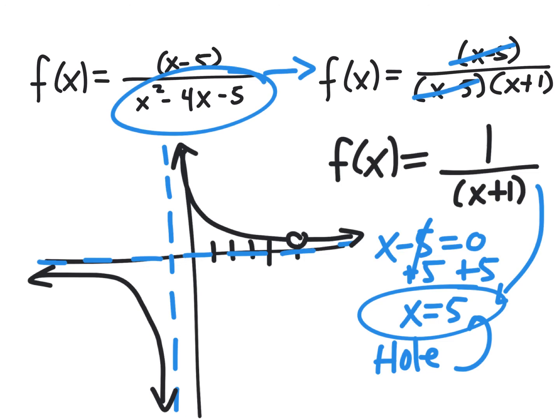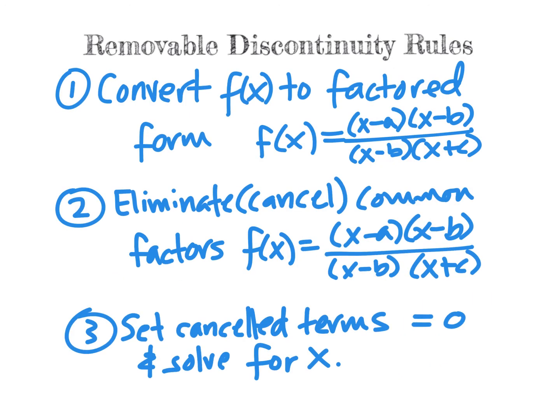All right, so let's recap these rules. What you want to do when finding the hole or removable discontinuity is first convert the function to factored form. Write it in the form where we have factors in the numerator and the denominator. You can find your factors through the Lopez approach. Once you find them, you want to find the common terms, if there are any.